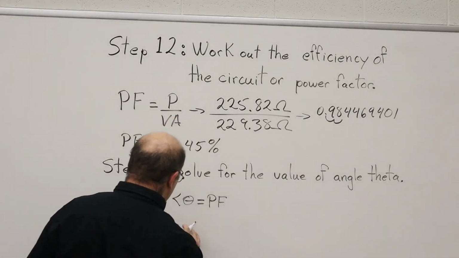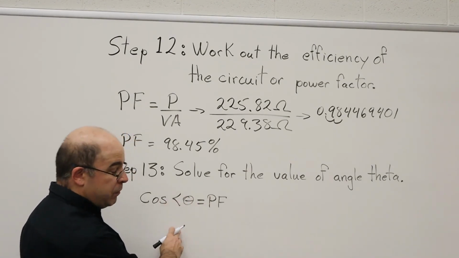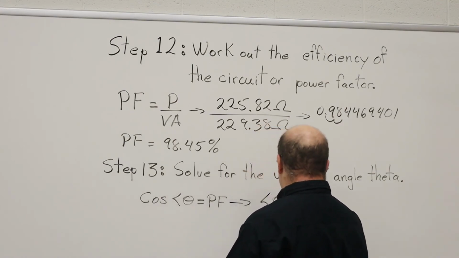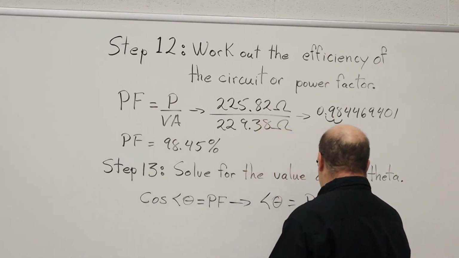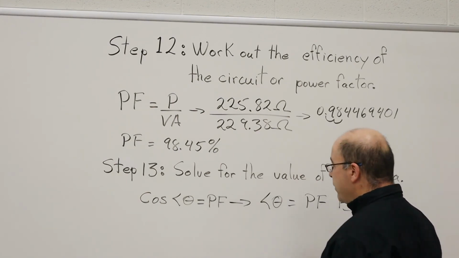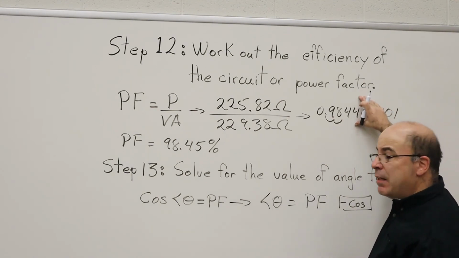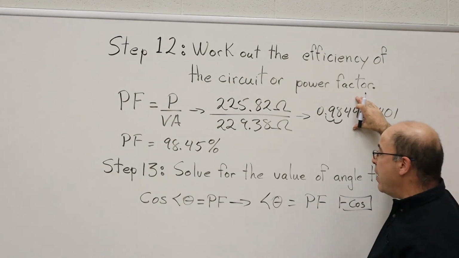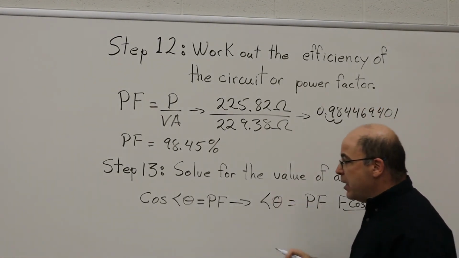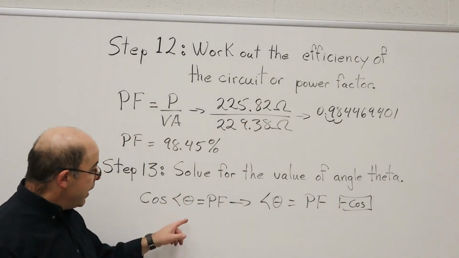In this case, we're also going to have to isolate for the value of angle theta. So angle theta is going to be equal to the inverse cosine of the power factor. Now, this value should still be located in the memory of your calculator, and it's just a matter of pushing inverse cosine, and you would actually, in one operation, get the answer for angle theta.